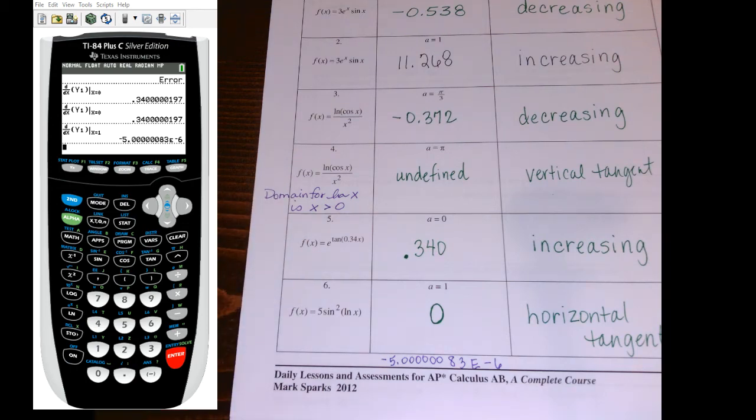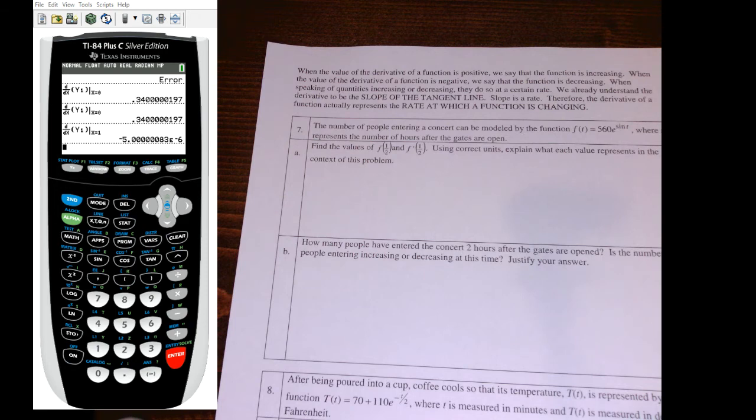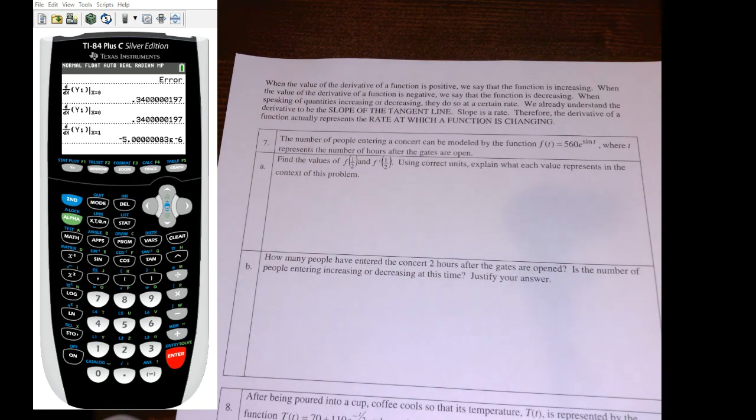Now we're going to continue this idea with the graphing calculator. I want you to go to page 235. Page 235 tells us that when the value of the derivative of the function is positive, we say it's increasing. We did that. You and I already did that, okay?